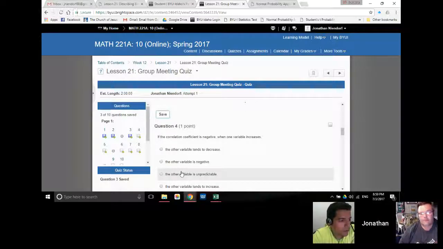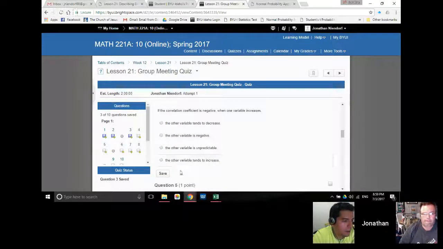Okay, question 4. If the correlation coefficient is negative, when one variable increases, the other variable tends to decrease. They are negative. Well, they're not negative, it just goes down. But you're saying like a negative slope kind of deal. I'm sorry, Jonathan?